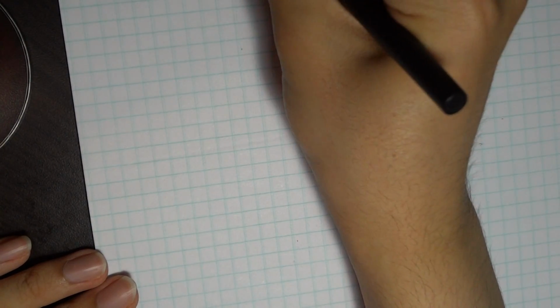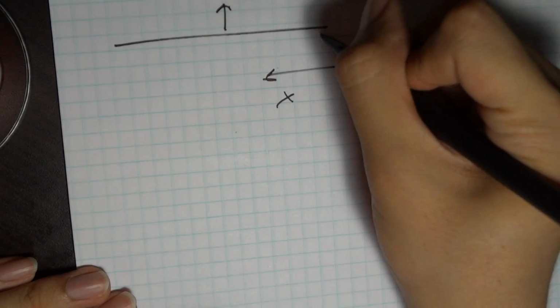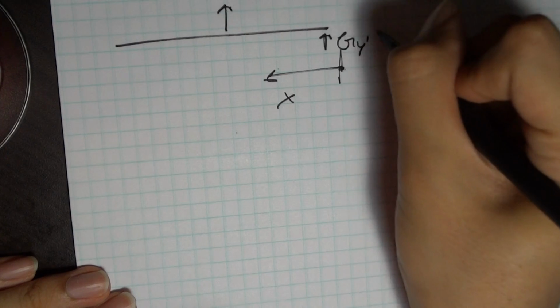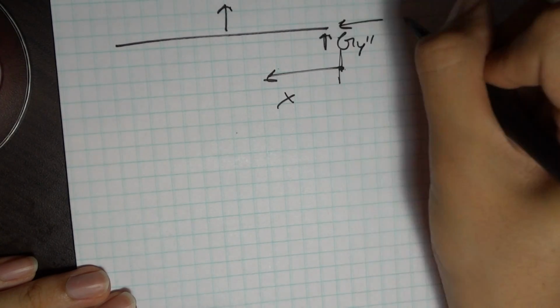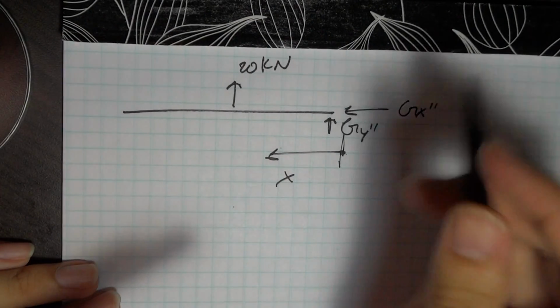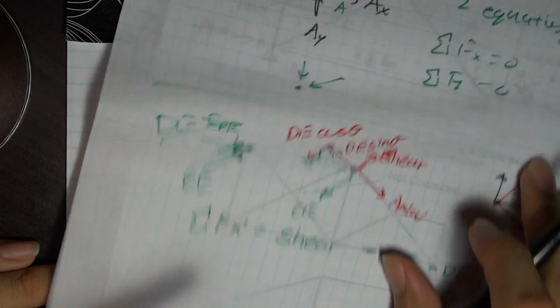This is 20 kilonewtons. And I have a force Gy double prime, and I have some force here, Gx double prime. These are the forces that I got by rotating my system a little bit.